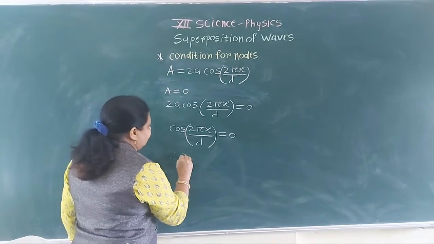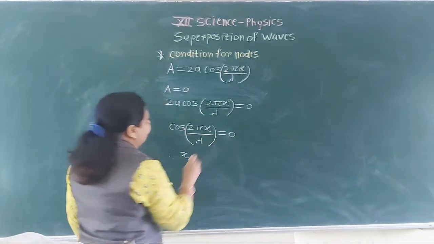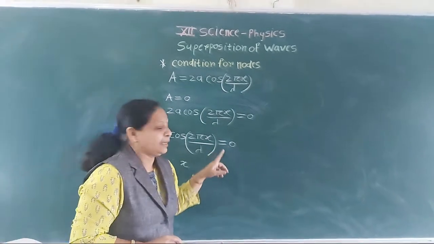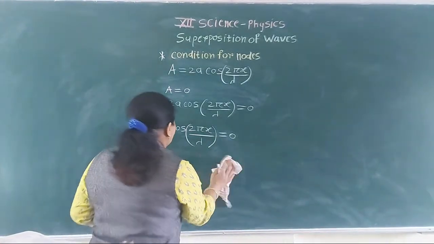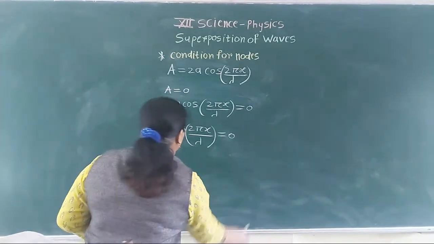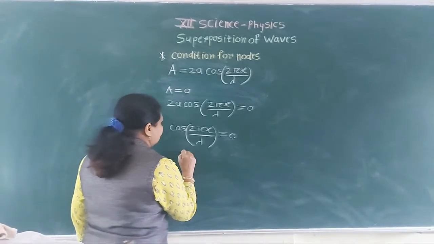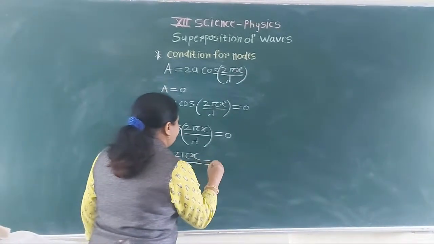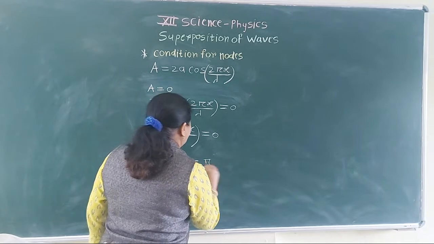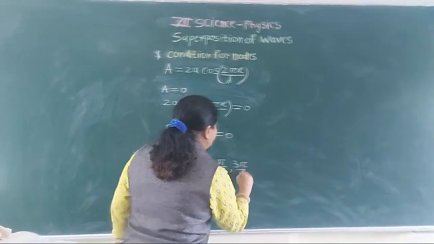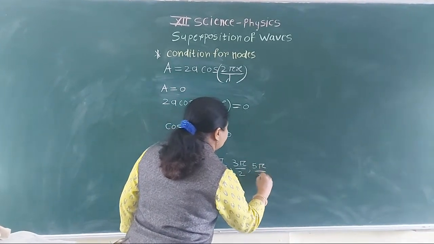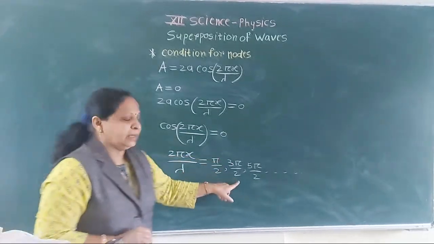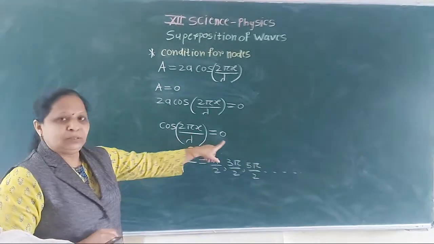Therefore, here we want 2 pi x upon lambda to be equal to pi by 2, 3 pi by 2, 5 pi by 2, etc. When the value of 2 pi x upon lambda is pi by 2, 3 pi by 2, 5 pi by 2, then the cos value is equal to 0.